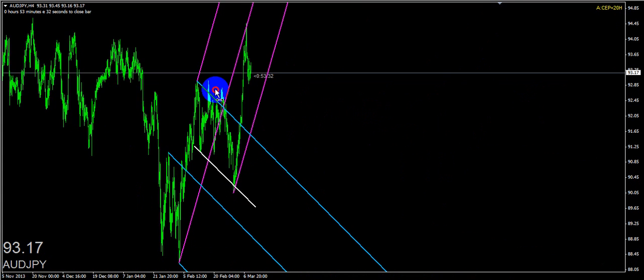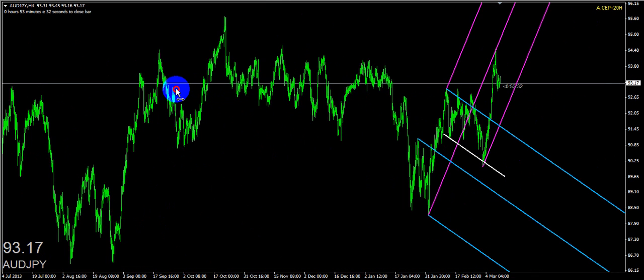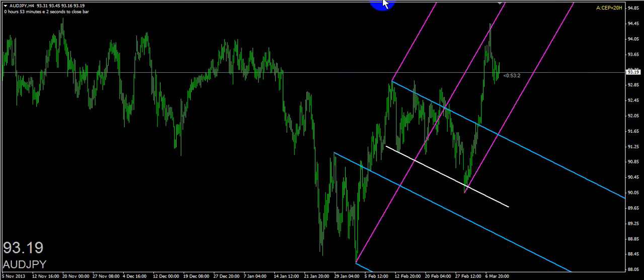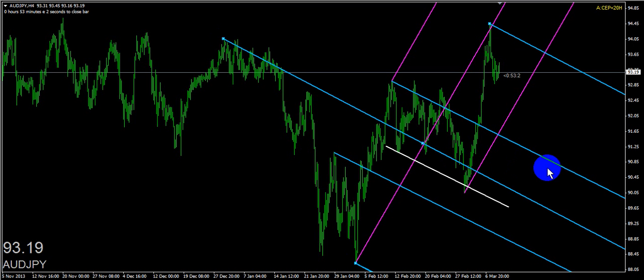And what we can draw is a very similar fork from the high here to the low to the high, and it's very similar frequency of this other blue fork, almost identical.